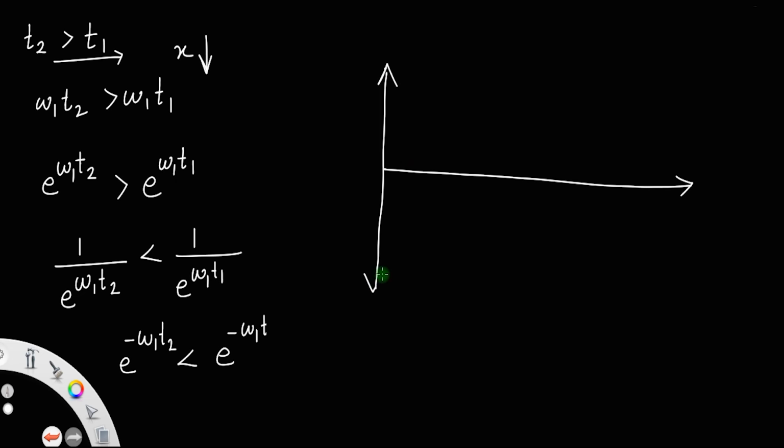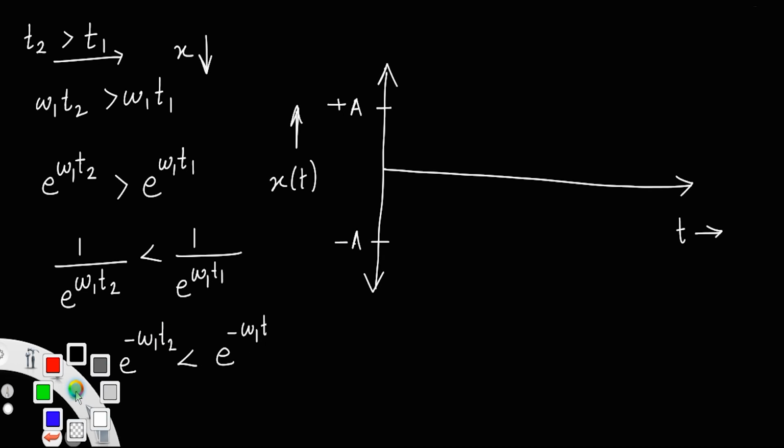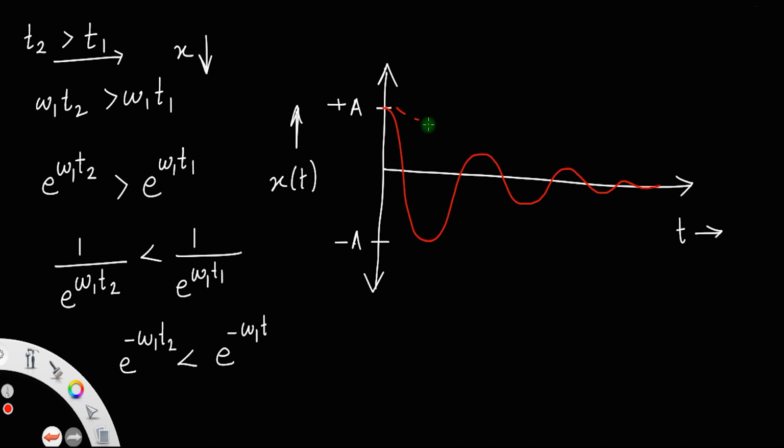Suppose the y-axis represents the displacement after time t, and the x-axis the time. Suppose this is the maximum amplitude plus a, and this is the maximum amplitude on the opposite side. At the start of the oscillation the amplitude is maximum, and as time progresses its displacement reduces. Clear? And finally it almost reaches 0. So the graph of the displacement will be like this.